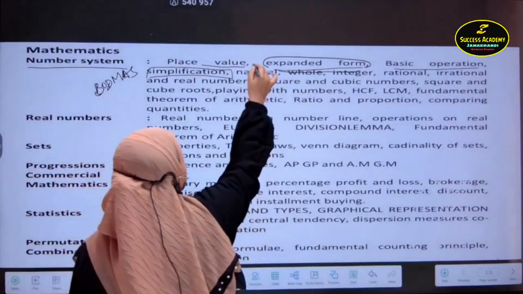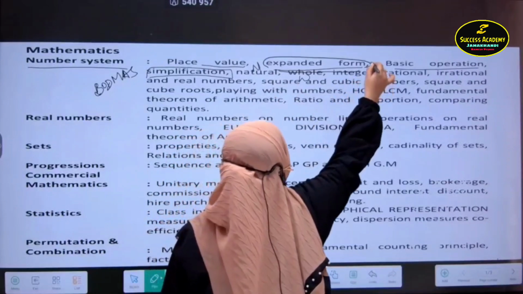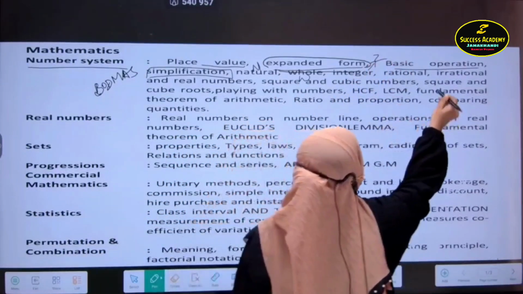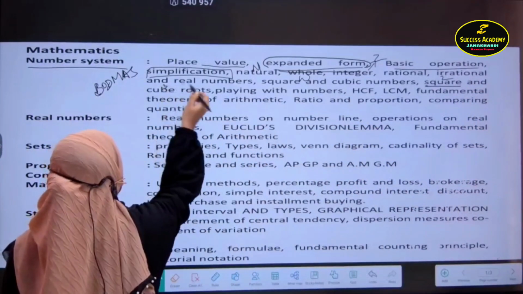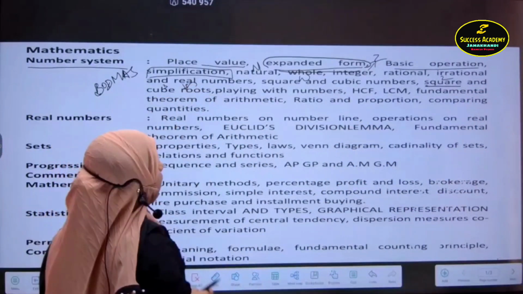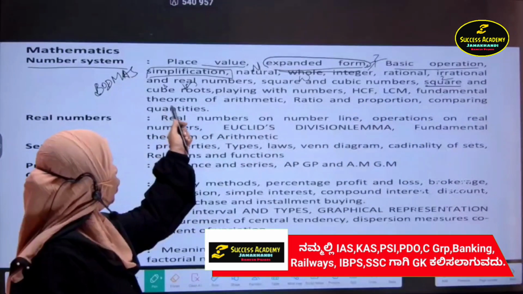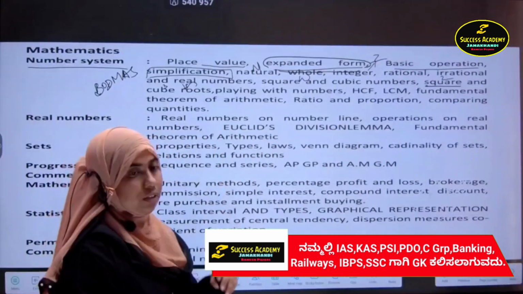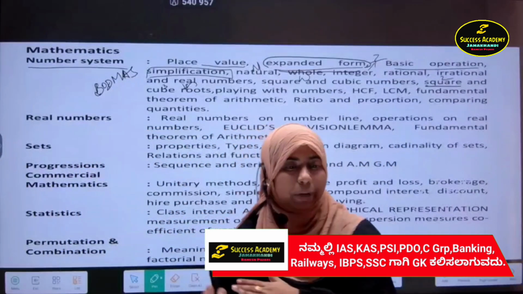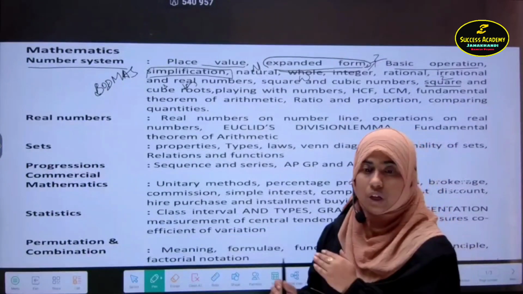Natural numbers, whole numbers, integers, squares, cubes, cube roots, playing with numbers, HCF, LCM, fundamental theorem of arithmetic, ratio and proportion, comparing quantities. If we compare this syllabus with the question paper, it is exactly tallying. You can go through it.